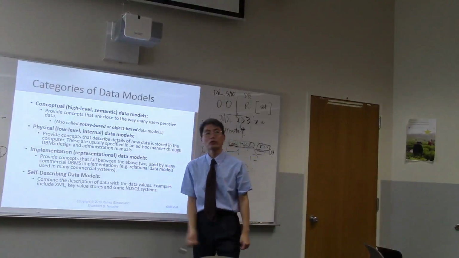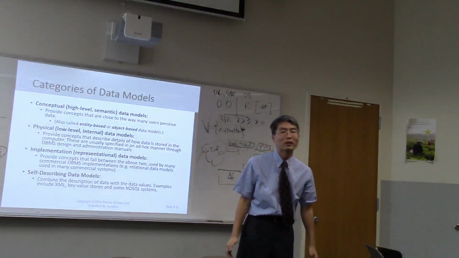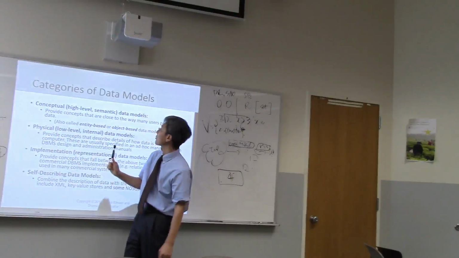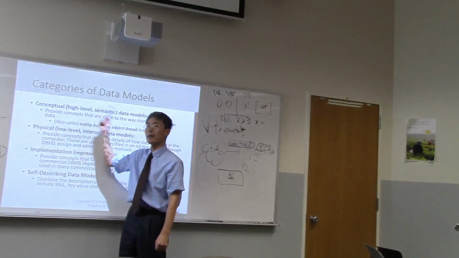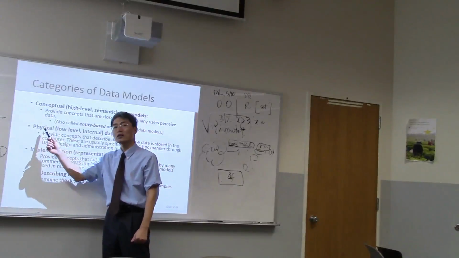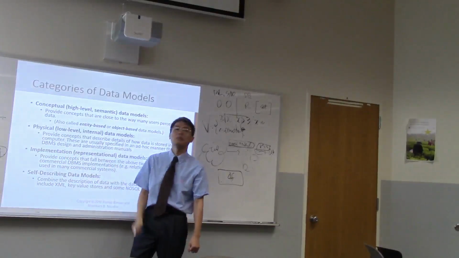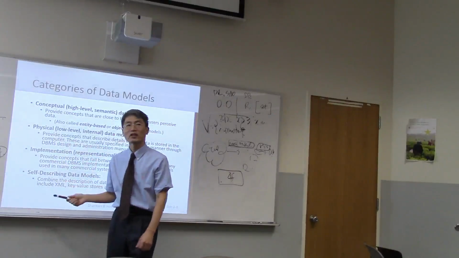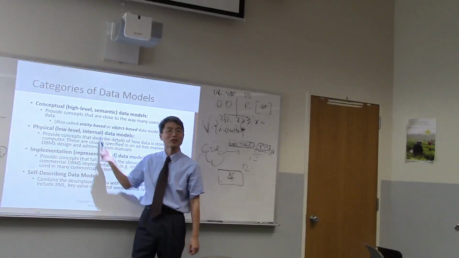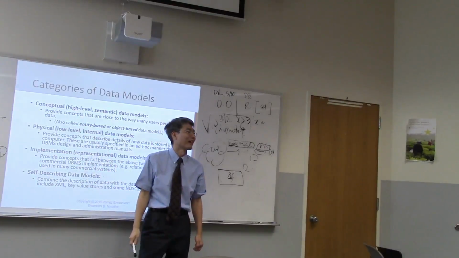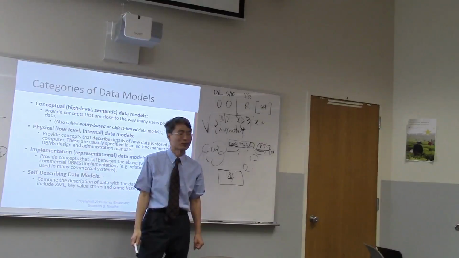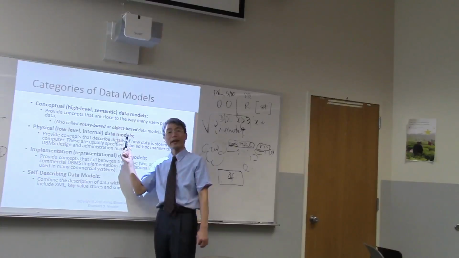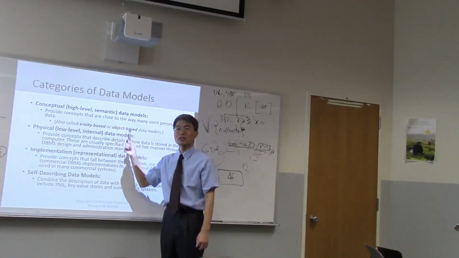Because of that, when you search for a job, sometimes the job description asks for 3 years of conceptual level design, or high-level data model, plus 4 years of database model, or physical data model experience. If you do not understand the difference, I don't think you can be successful when you search for a job. In addition, in your project A, you are going to follow this step.